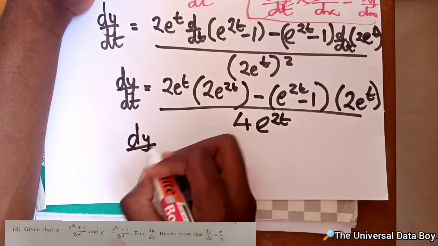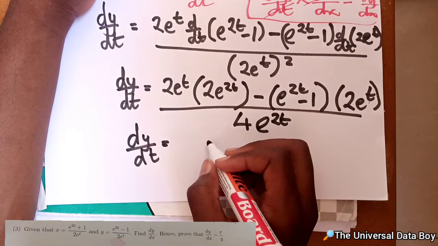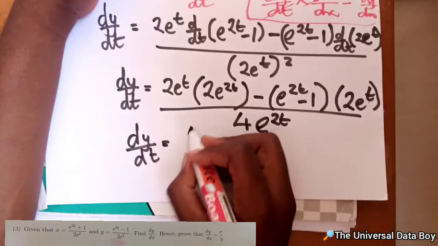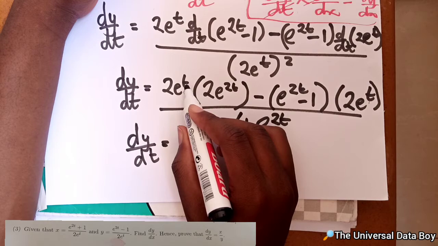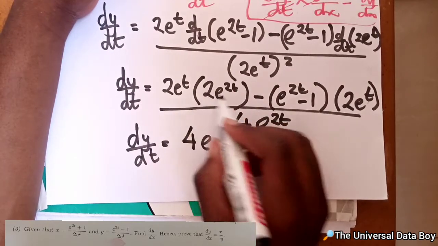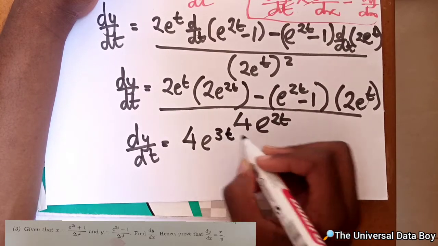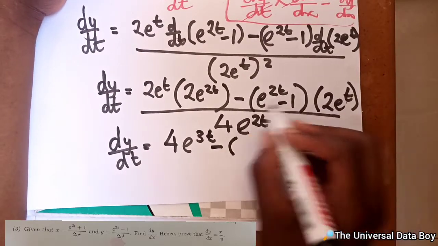So dy over dt is going to be equal to, this one here will be 4e, then this power is to the power t, this one is to the power 2t. So we're going to add the powers because we're multiplying. So we're going to have 3t minus, we're going to multiply here.